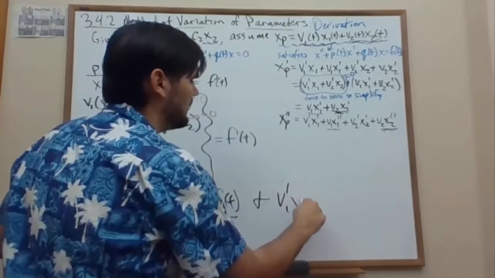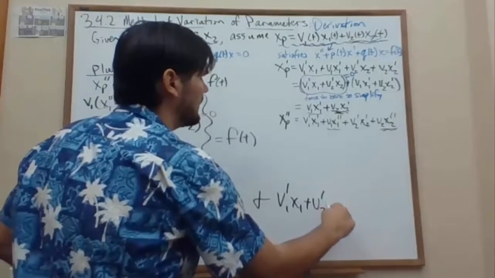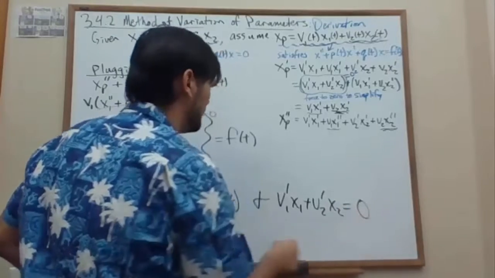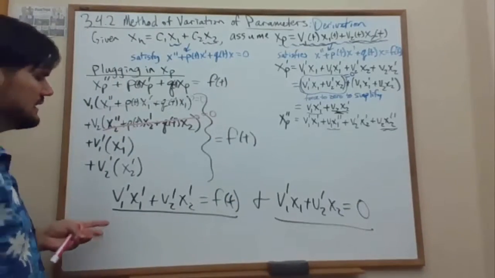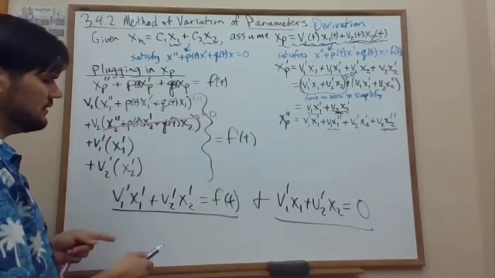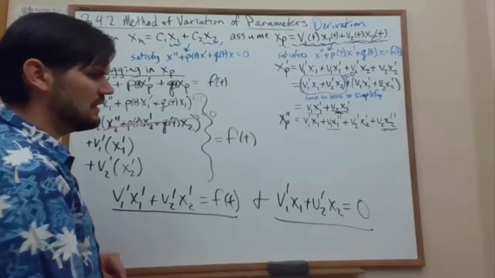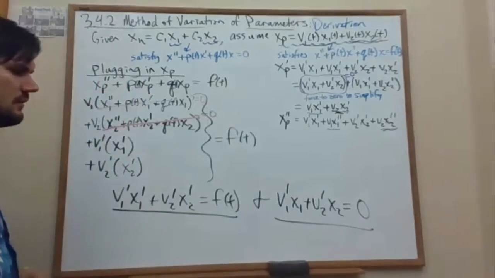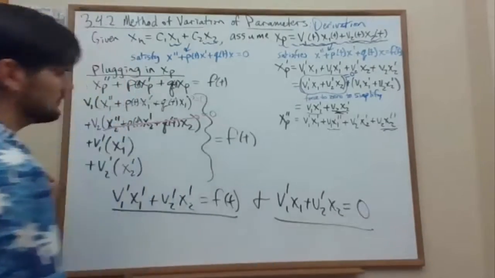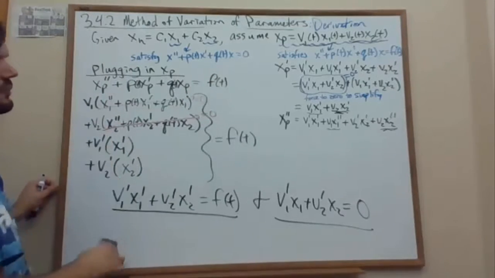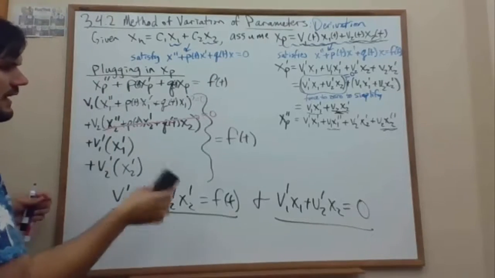We have v1 prime x1 plus v2 prime x2 equals 0. So now we have two equations, both of which relate the derivatives of v1 and v2 and are connected to x1 and x2. So now we need to put them together and solve that linear system. So let me clean the board a little bit so we can write this linear system and solve it.